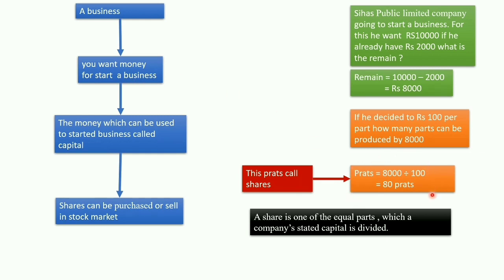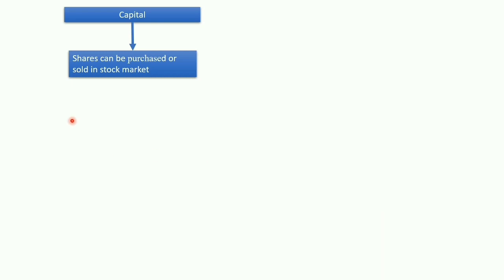We divide the capital which we want into equal amounts, then we get equal parts. That one part we are taking as a share. Now this capital, we put a special name, shares. The shares can be purchased or sold in the stock market. The place where we purchase or sell is called the stock market.